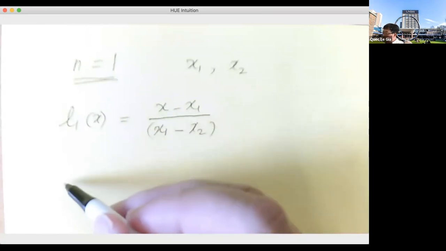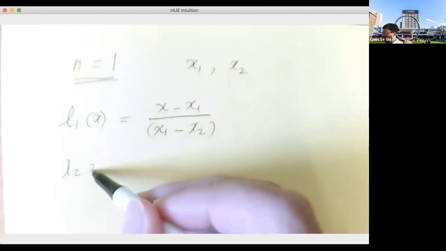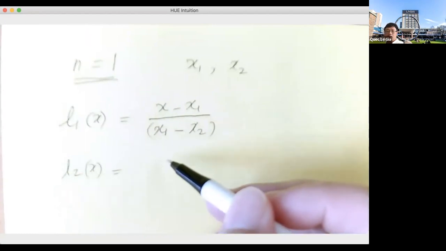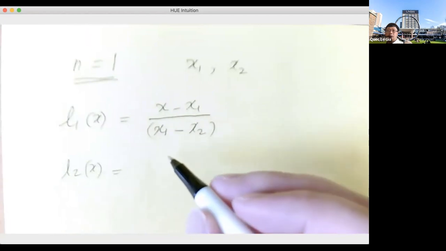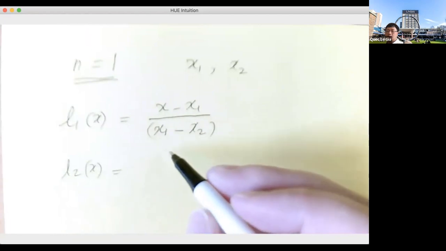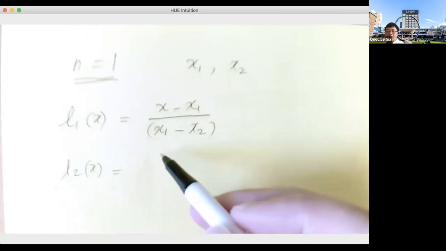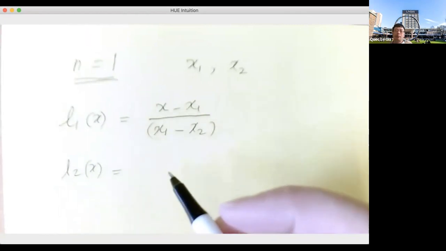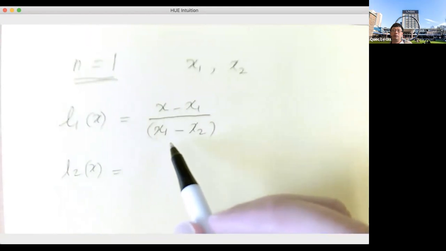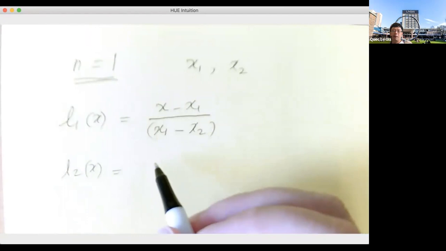And so what is L2? I wrote down L1 already. Anyone remember the formula?